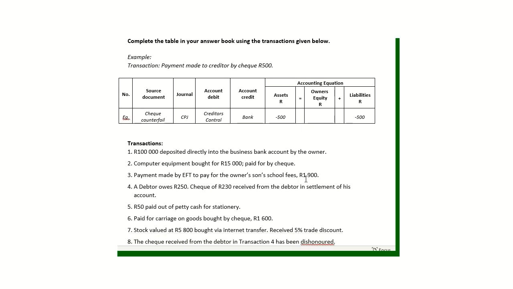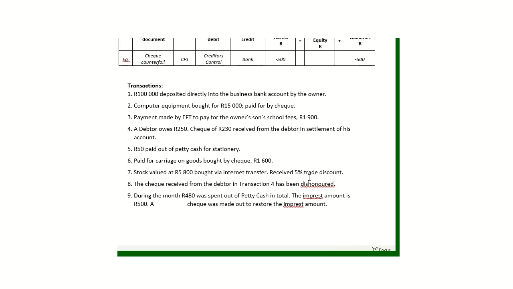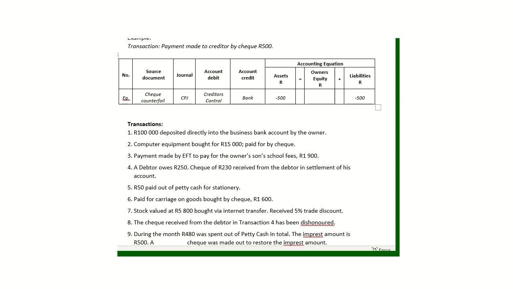So we're going to run through the transactions and follow our rules of posting to the general ledger to determine what accounts, what type of account, increase, decrease, debit or credit. If we've got that info, we should be able to complete our equation.